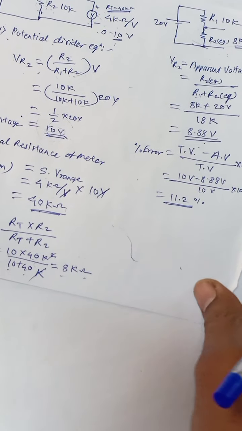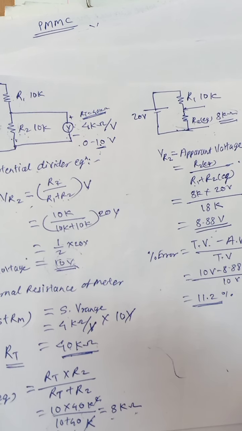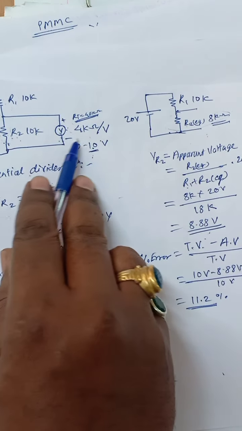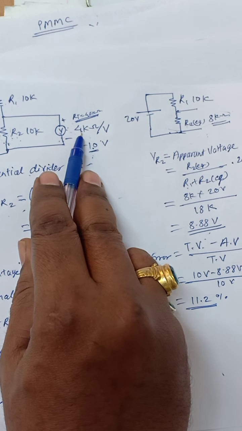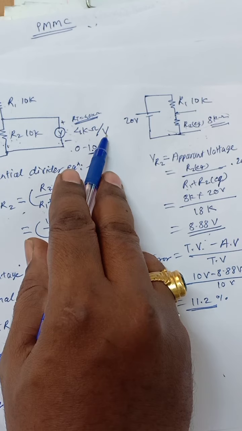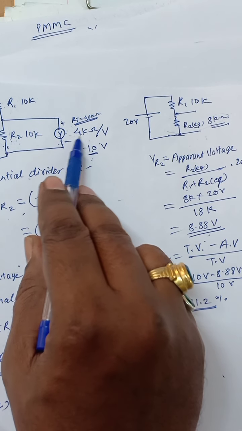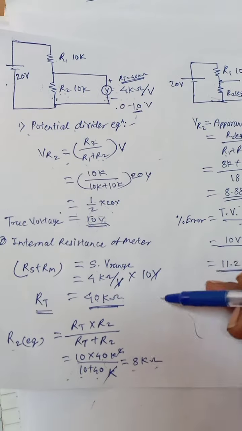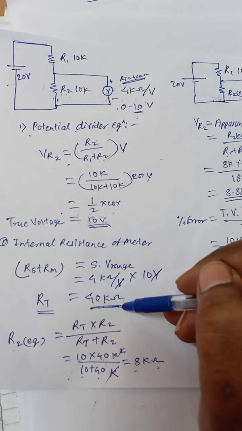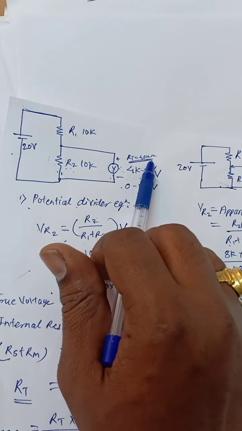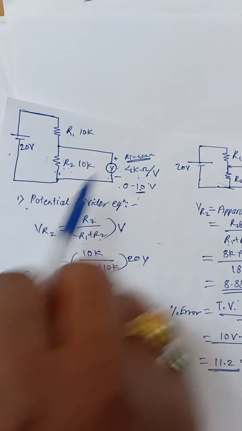This is the error in measuring this voltage by a voltmeter having a sensitivity of 4 kilo ohm per volt. This is the sensitivity of the meter, and the total resistance of the meter becomes 40 kilo ohm.